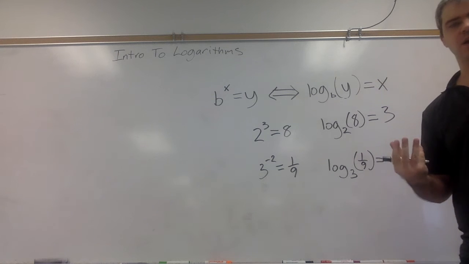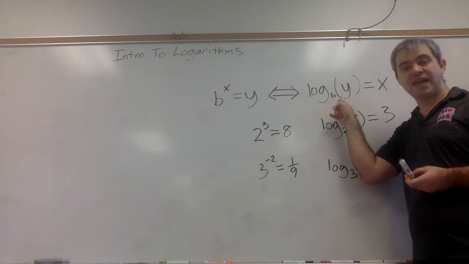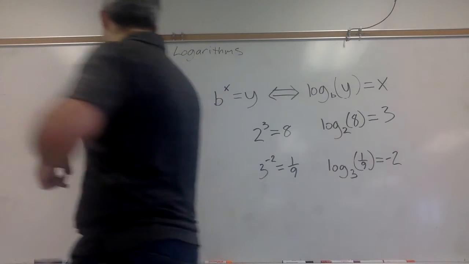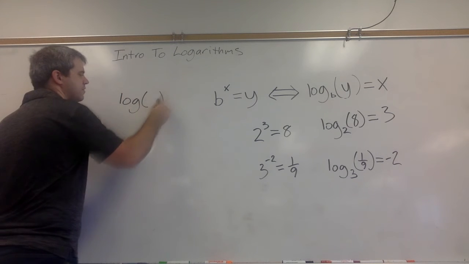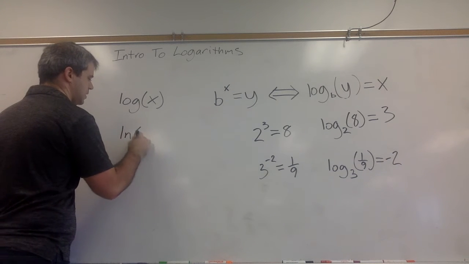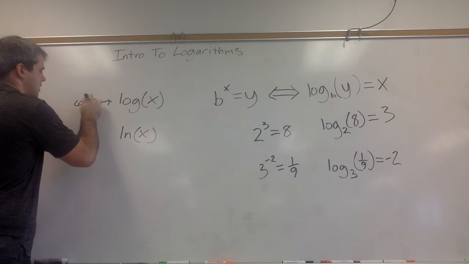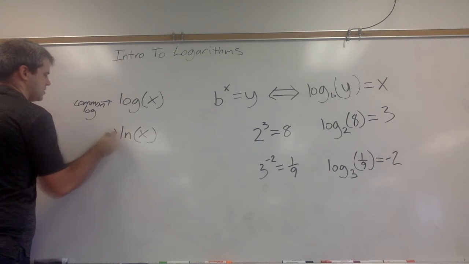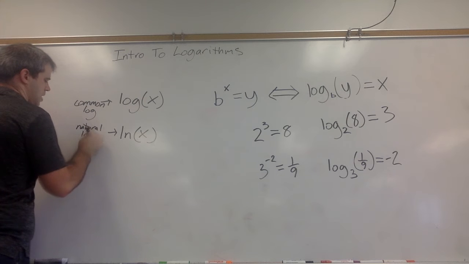Now, one more thing that we need to talk about with logarithms. So usually we will indicate what our base is. There are 2 exceptions. Sometimes you will have something that looks like this. And sometimes you'll have something that looks like this. This is called common log. And this is called a natural log.